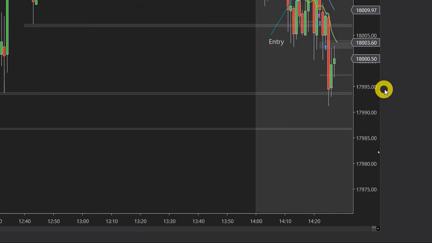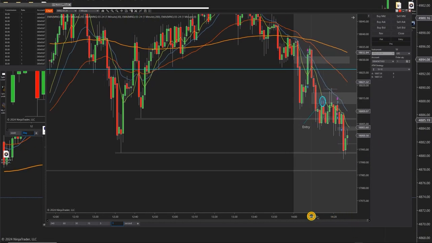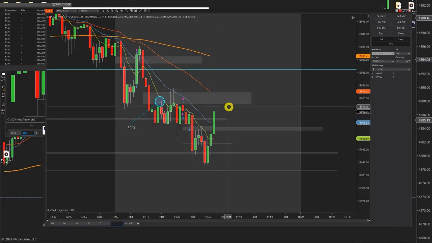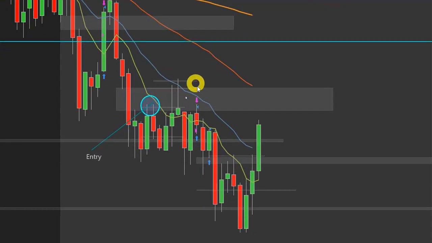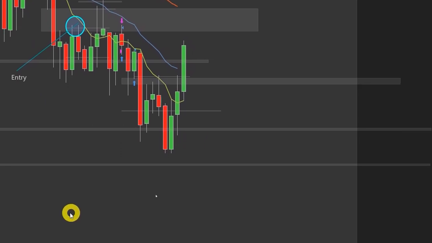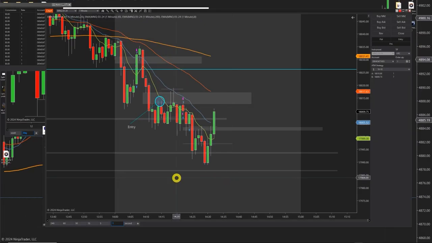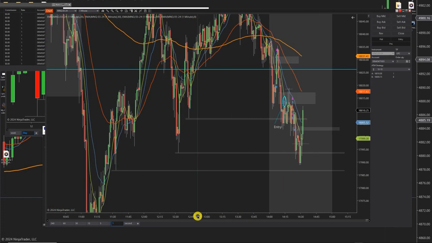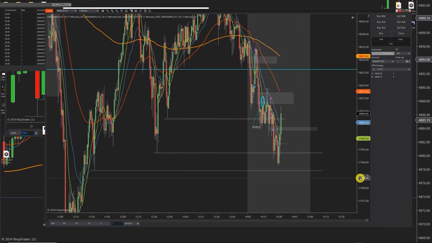So we're thinking if it does go down to the next target, you're probably going to get some kind of pullback here, and it may come all the way up to this level. It may be done going down for the silver bullet. We still got some time left, but that may be all it gives us on this particular silver bullet moment.